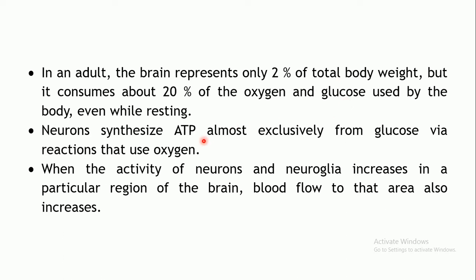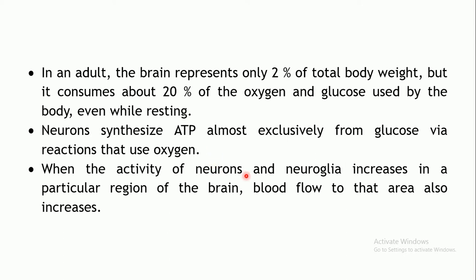The ATP which is required by these neurons is synthesized by the neurons exclusively by utilizing glucose through reactions which require oxygen. That's why the oxygen and the energy requirement of the brain is very high.